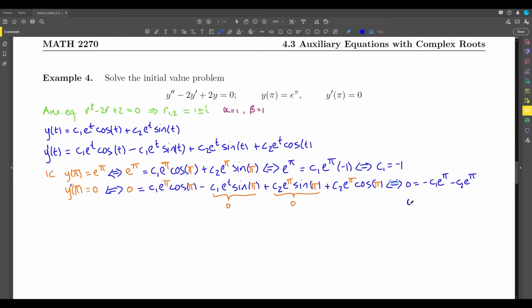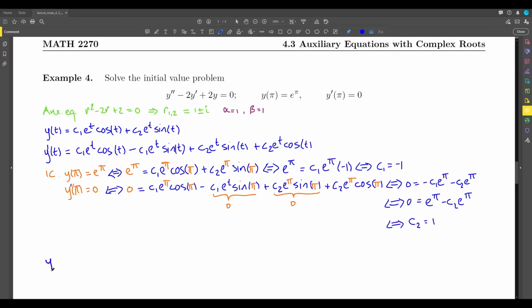So now let's plug in what we know for c1. So we have 0 equals e to the power pi. Negative times the negative becomes plus 1, minus c2 e to the power pi. Now bring that to the other side and then divide by e to the power pi, and we get that c2 equals 1.